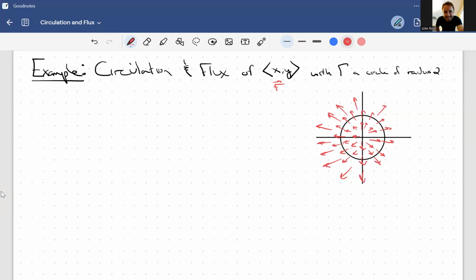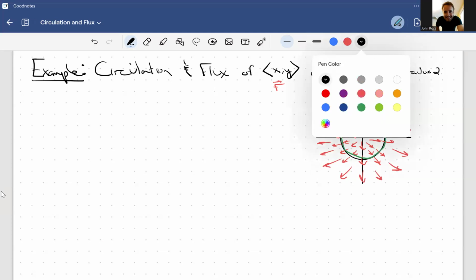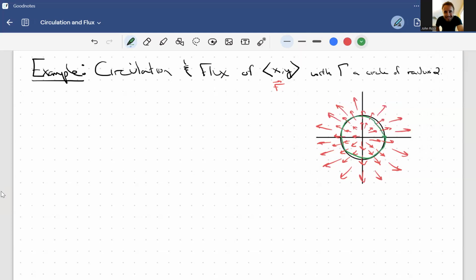And what you also see is the circle of radius 2, and that's our gamma, drawn there as well. So I'll highlight that right here. And so because this is a closed curve in two-dimensional space, we can calculate the circulation and the flux. And so let's give this a try. The first thing that we're going to need to do is we're going to need to actually parameterize gamma. And let's do this using our maybe most standard parameterization.